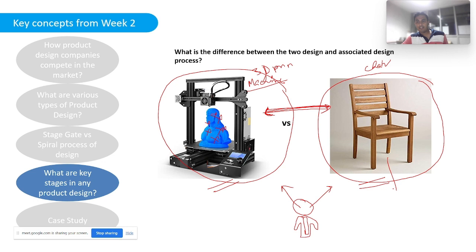For a chair, the knowledge or the amount of information you require, how it is designed, what the structure of a chair is, is not something new. What you may not have is the skill, so you can hire a carpenter and ask the person to make a chair for you.